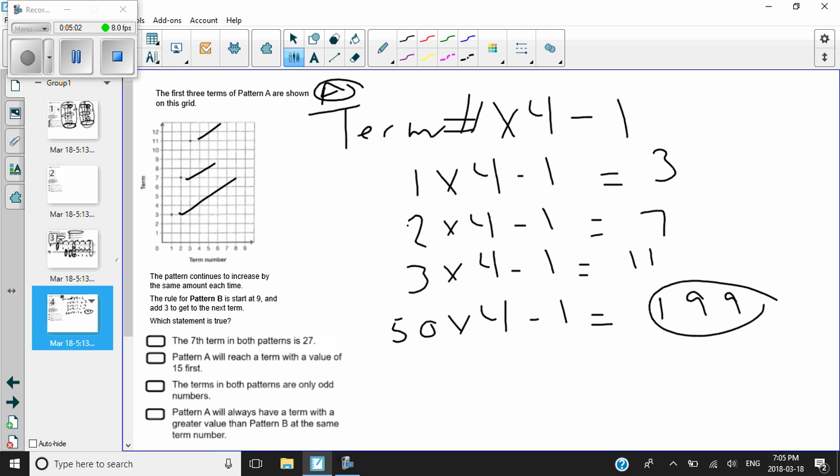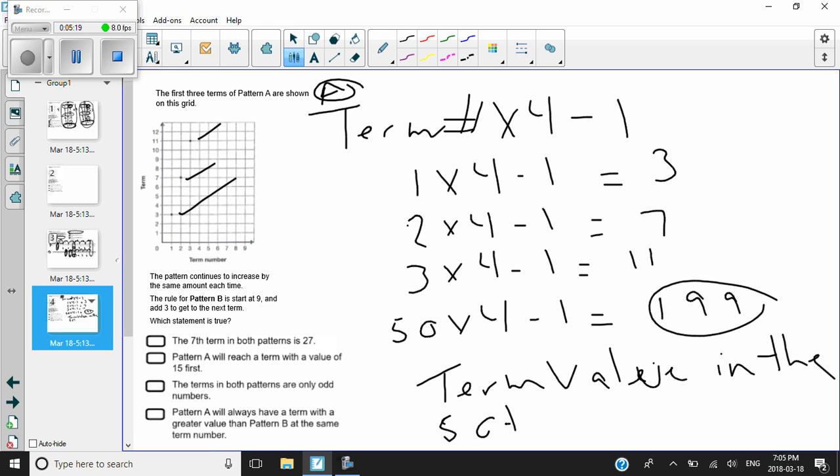So if the question went on to ask, what is the term value in the 50th term, your answer would be 199. So really kind of what I was doing was trying to figure out what rule works.